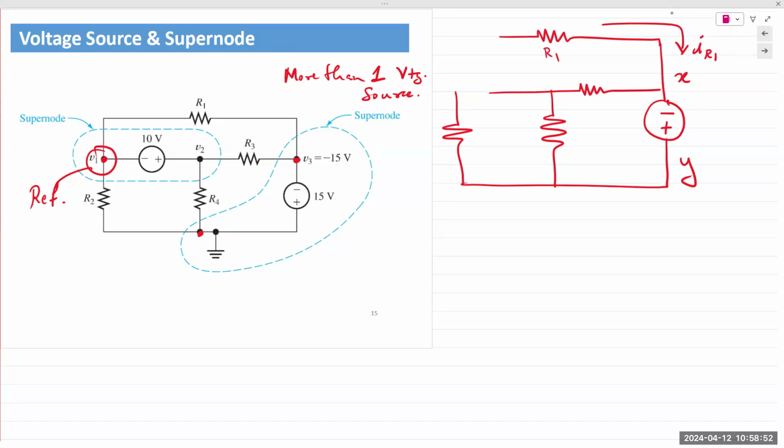I will write this as IR3. The current flowing through the voltage source of 15 volts, I'm going to write as IS1. This is IR2, and this is IR4.